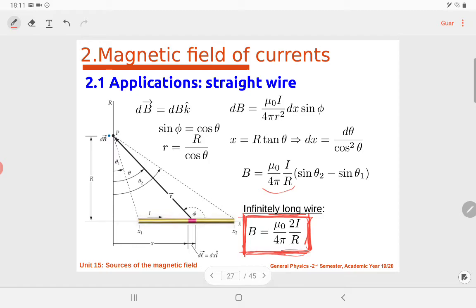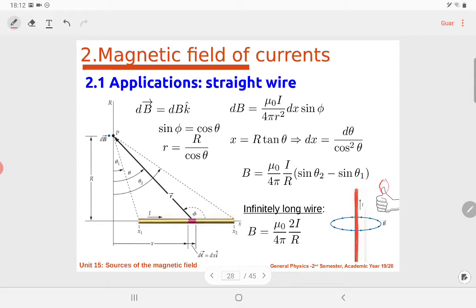What's also going to be interesting for us is to remember the direction. You could derive the direction as we did before with your right hand, or you can use a mnemonic technique, which is taking the wire with your hand, with your thumb pointing towards the current.